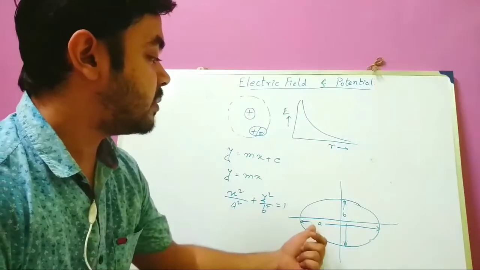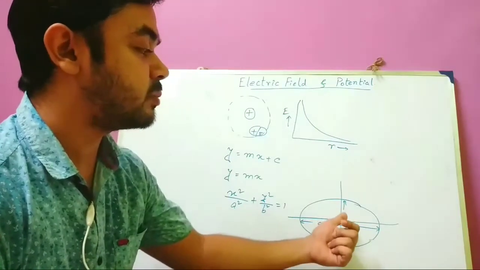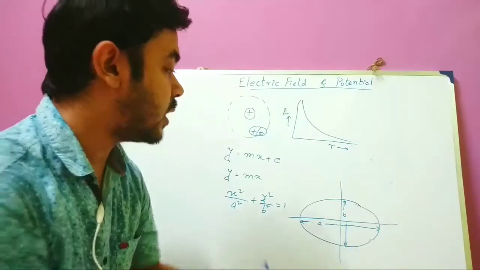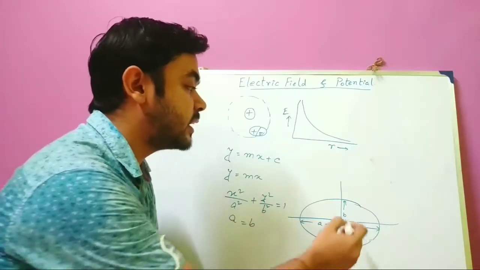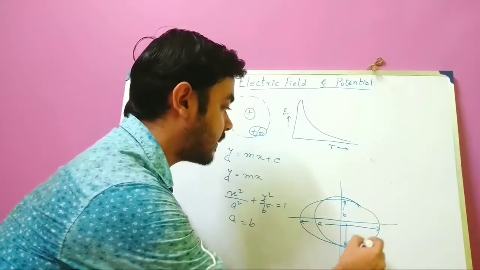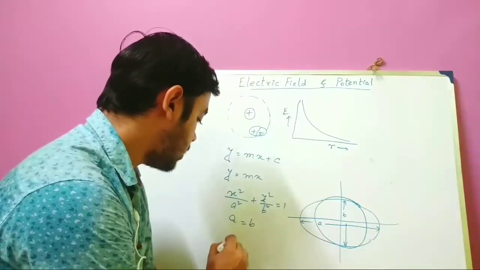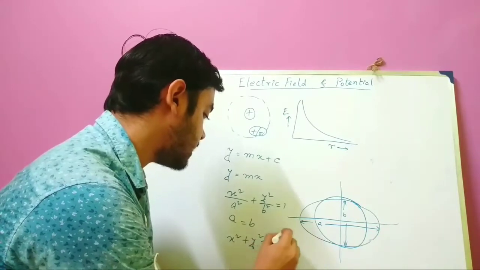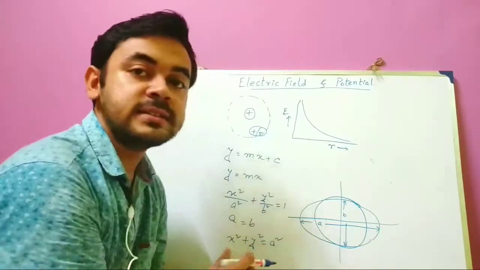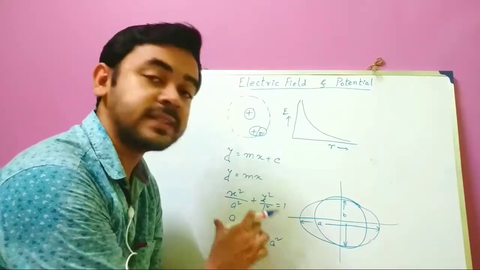If the semi-major axis and the semi-minor axis are equal, that is, if A equal to B, then in that case we will get a circle. So x square plus y square will be equal to a square. This is the equation of a circle.